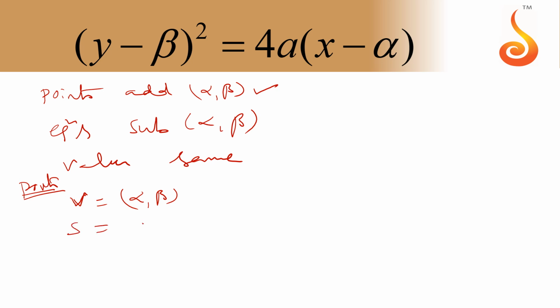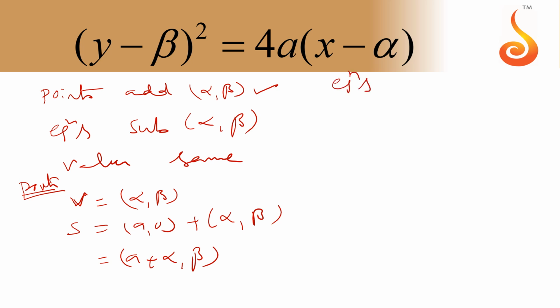Focus: a comma 0 for the base, you add alpha comma beta and get a plus alpha comma beta. Like that, for Z, minus a plus alpha comma beta. Ends of latus rectum: a plus alpha comma plus or minus 2a plus beta. So to get points, you add alpha comma beta.